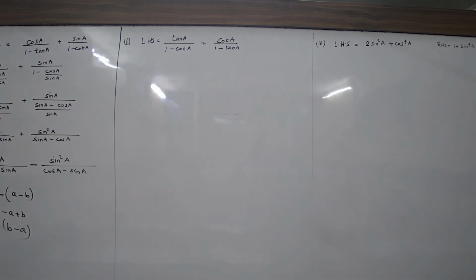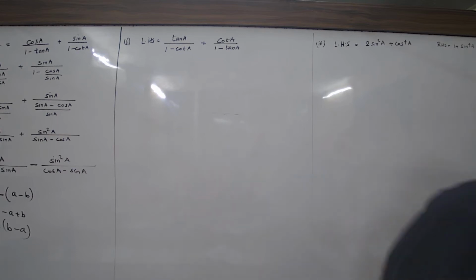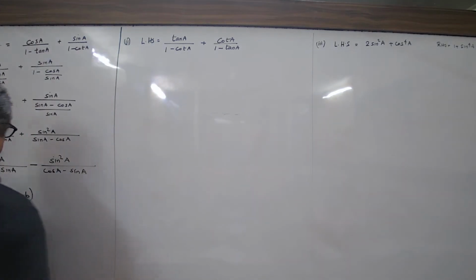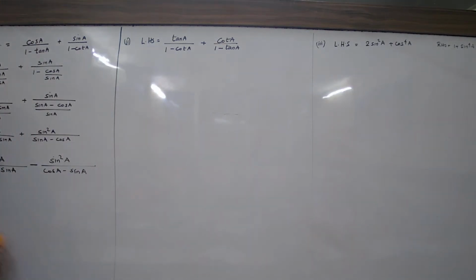I repeat, if I want to convert a minus b to b minus a, I will do it by putting a minus sign outside. Is this clear? So that is what I have done. I wanted to convert this sin a minus cos a into cos a minus sin a. I have done it by putting a minus sign. Now why did I do it? To make my life simple.